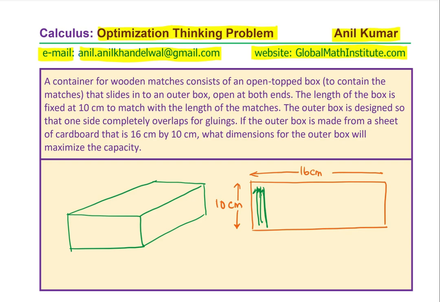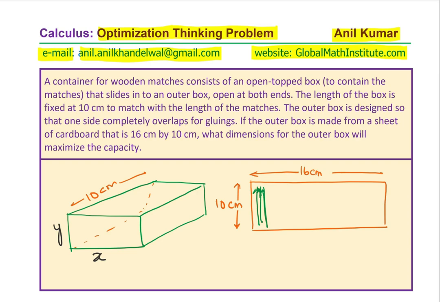So that is the open box, whose length is 10 centimeters, so that the matches can actually be filled in this box. Now let us say that the dimensions of this box are x is the width and y is the height.